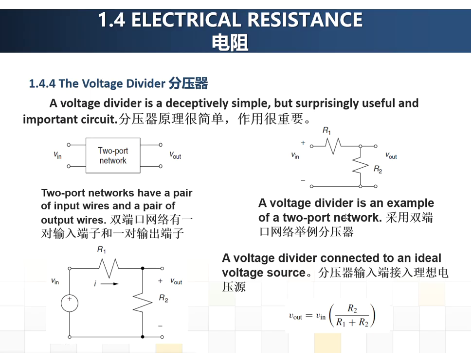A voltage divider is a deceptively simple but surprisingly useful and important circuit. It is also the first example of a two-port network.